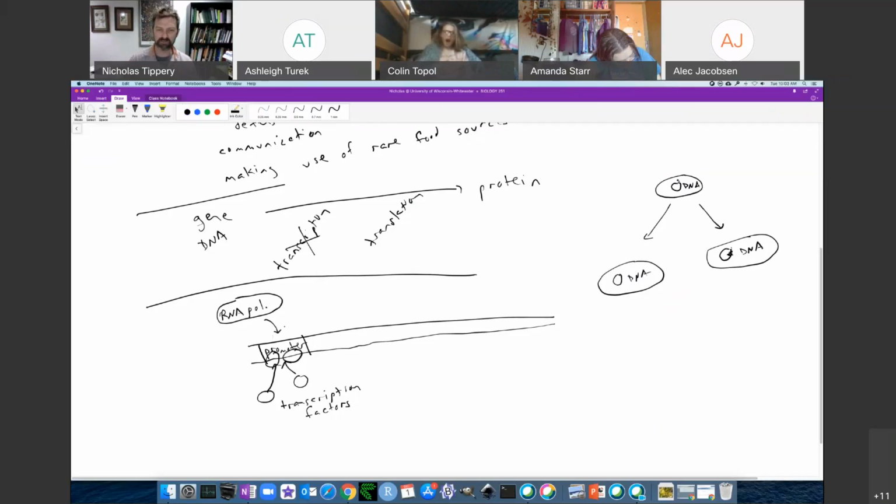And so the question of gene expression is maybe these transcription factors are not always attaching to the promoter.